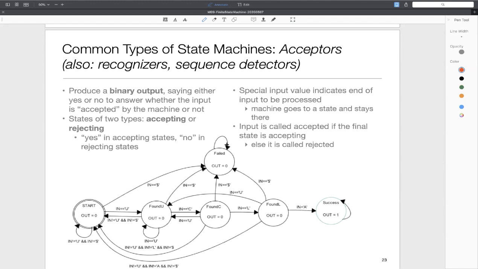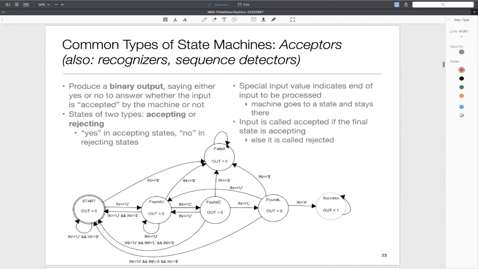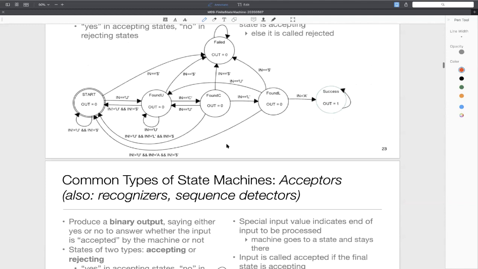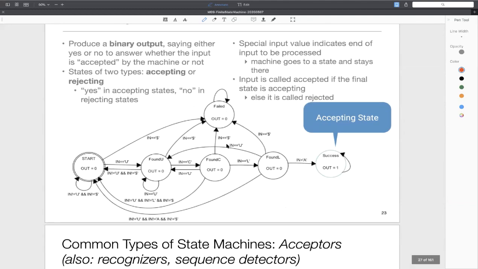So essentially, imagine a set of all strings that end with dollar and have a substring UCLA within it. Then we are basically saying, is the input in this set or not? So that's accepting, meaning it's in the set, and rejecting, meaning it's out of the set. So we had spent some time over that.